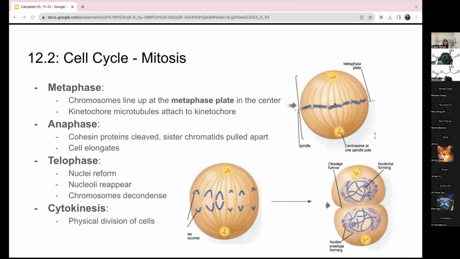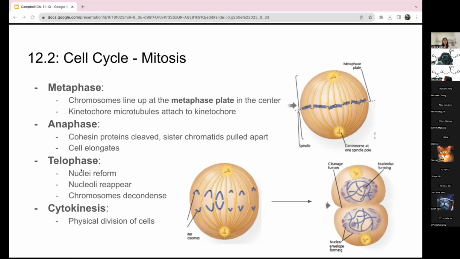While the non-kinetochore microtubules not attached to the chromatids elongate, the kinetochore microtubules that are attached to the chromatids shorten, and then they pull the chromatids to the opposite poles of the cell. And in doing this, the cell also elongates.